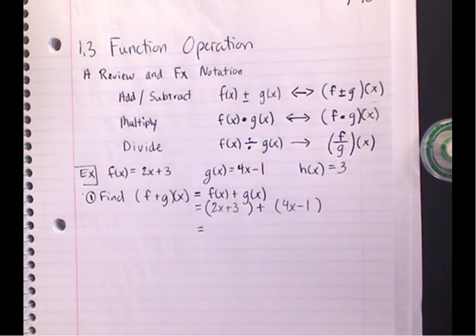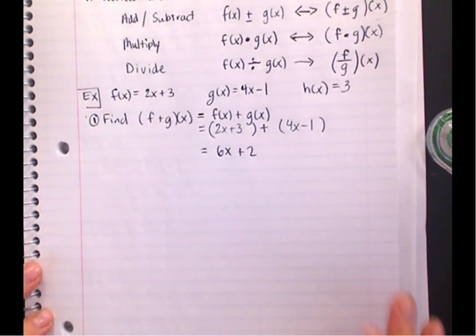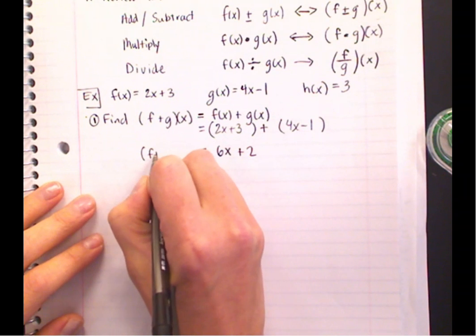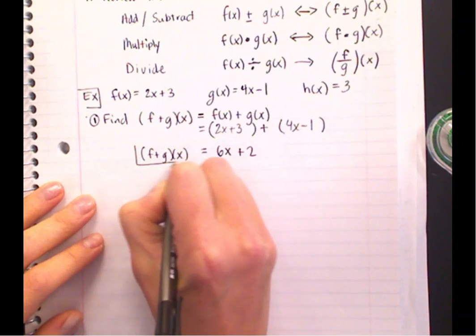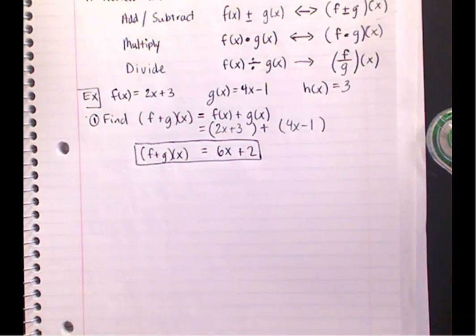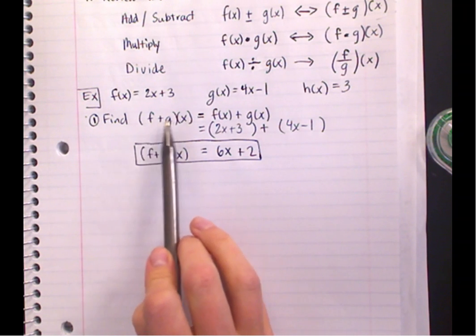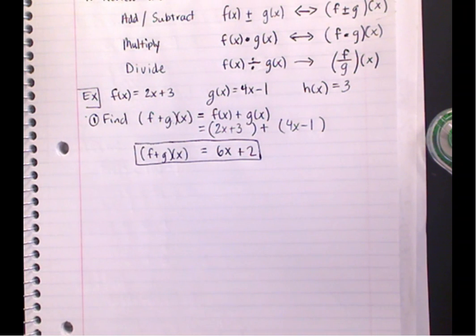Combine like terms, right? You have done that skill before. All I did is add some notation at the front. Plus 2. That is it. There is no solving. All you're doing is finding f plus g. Write the expression. So your final answer is f plus g of x equals. That is the answer. I did not ask you to do anything else besides find out what you get when you add f and g together.